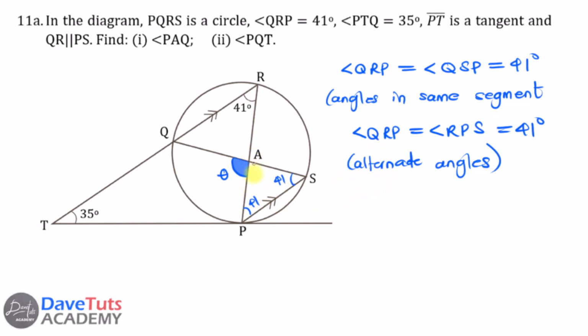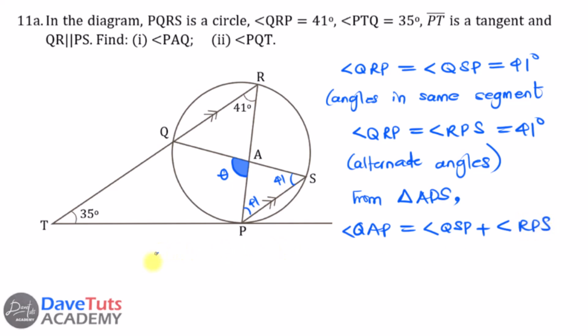Now, looking at this triangle APS, we can see that this theta we are looking for is exterior to these two angles. So we can say our QAP that we are looking for is going to be angle QSP plus angle RPS.